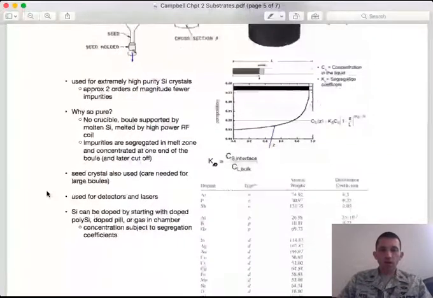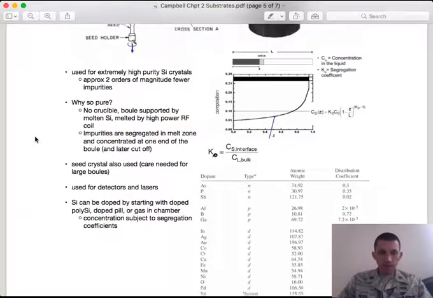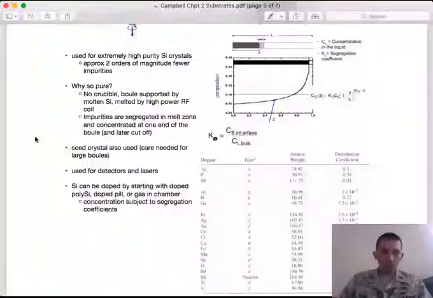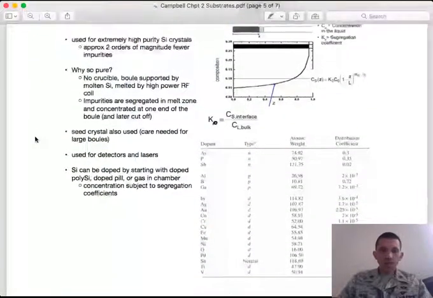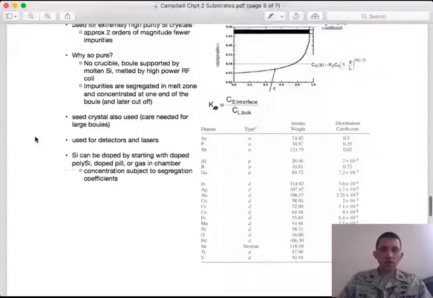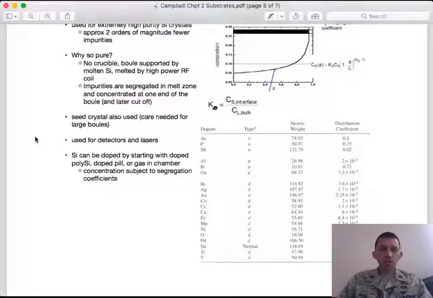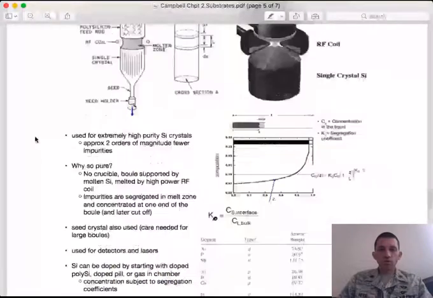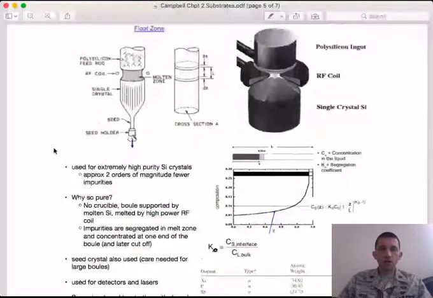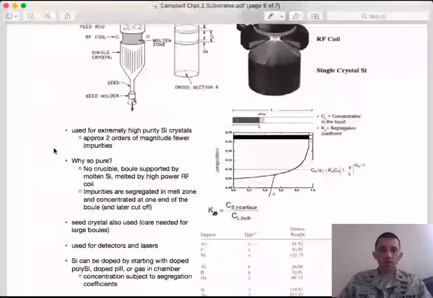And so certain high quality detectors and laser applications may require very high quality silicon, which you can produce with this method. It's also going to be more expensive. And so you can dope using the float zone. You can either start with doped polysilicon, or you could have a region within your feed rod that has a doped pill, right?